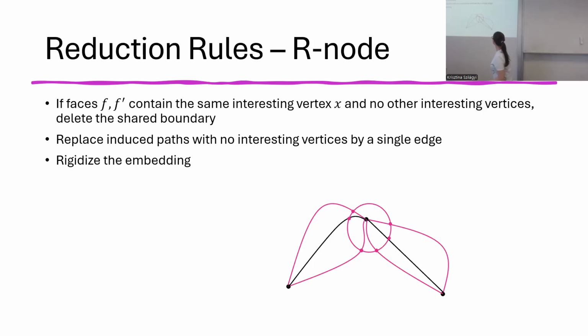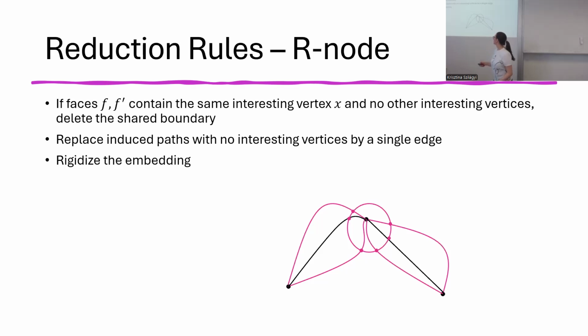These are the pink ones. So I add these copies of the edges, and I also add a cycle around this vertex, and I add these pink vertices in the intersection, and this rigidizes my graph.